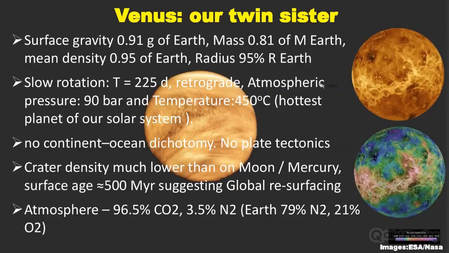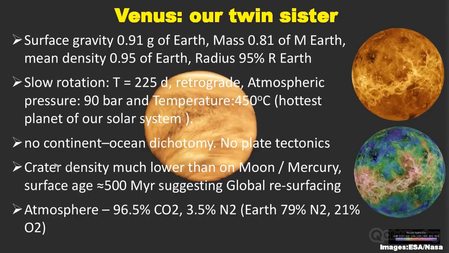The atmospheric pressure is very different from Earth. It is about 90 bar, and the temperature, whether equatorial or polar region, is always 450 degrees centigrade. So it's the hottest planet of our solar system.